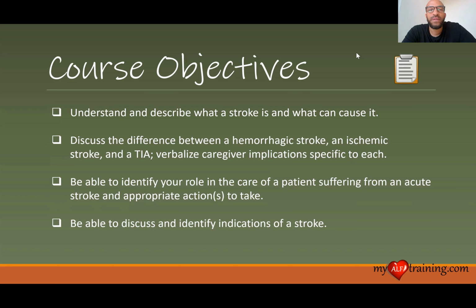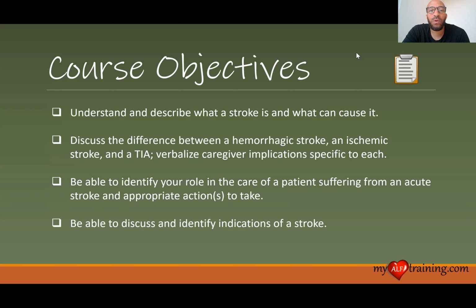Third course objective, you will be able to identify your role in the care of a patient suffering from an acute stroke and identify appropriate actions that you should take. If you notice a patient is suffering from a stroke, what can you do, whether you're a nurse, a nurse's assistant, a nurse's aide, what can you do to assist in the care and improve the outcome of this patient?